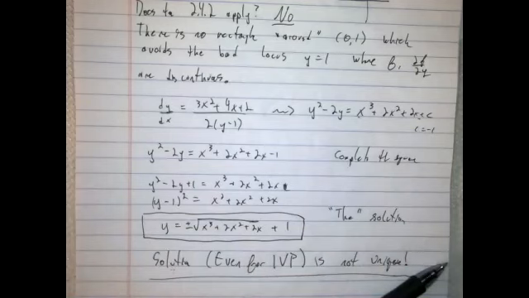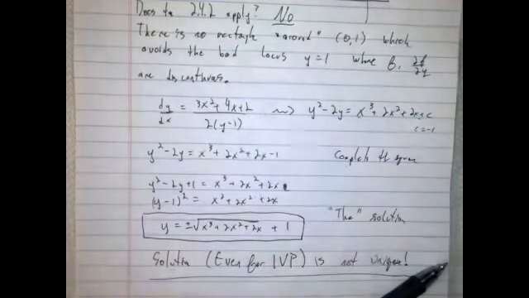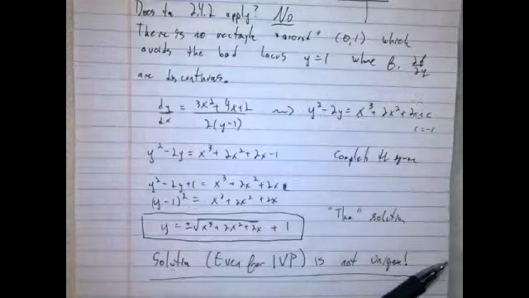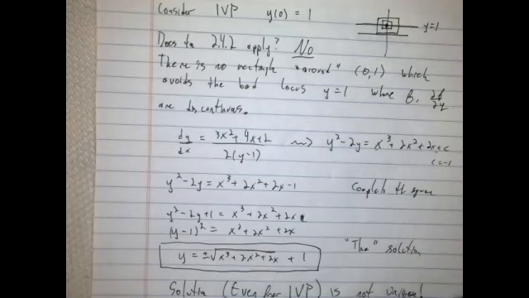For the nonlinear, next question is, does your IVP intersect the bad locus where either f or the partial of f with respect to y is not continuous? If you don't intersect that locus, then you do have some small area where you have existence and uniqueness. If you intersect this bad locus, then several things could go wrong. You could have existence but not uniqueness, or you could even have failure of existence. Okay, that makes sense.